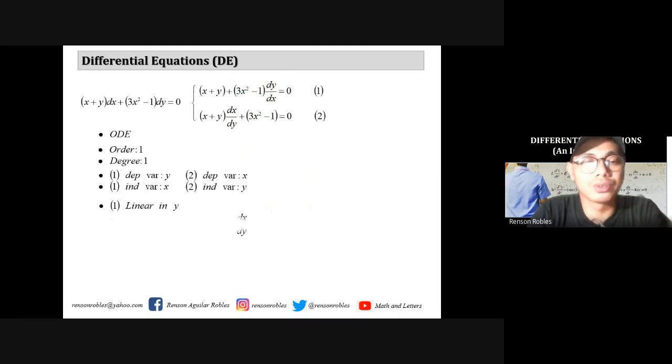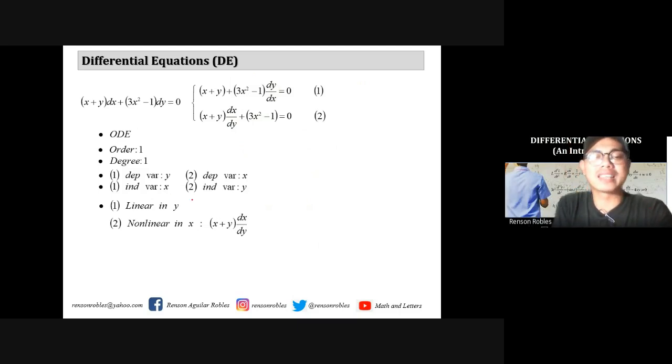In equation 2, it's nonlinear in x since there is the presence of dx/dy times (x + y). So that's nonlinear in x since when you distribute this inside, you have x dx/dy plus y dx/dy. Again, dx/dy should go along together with an expression in terms of y.